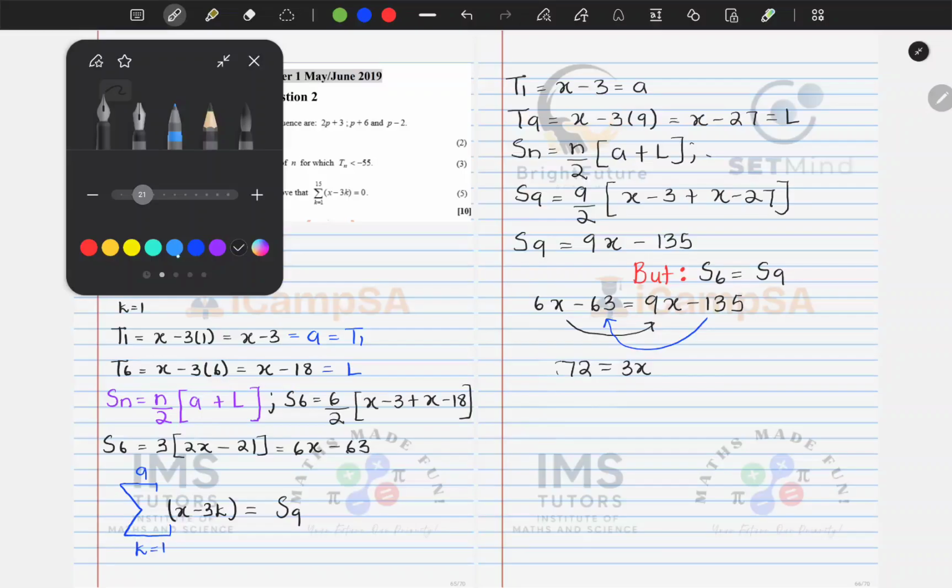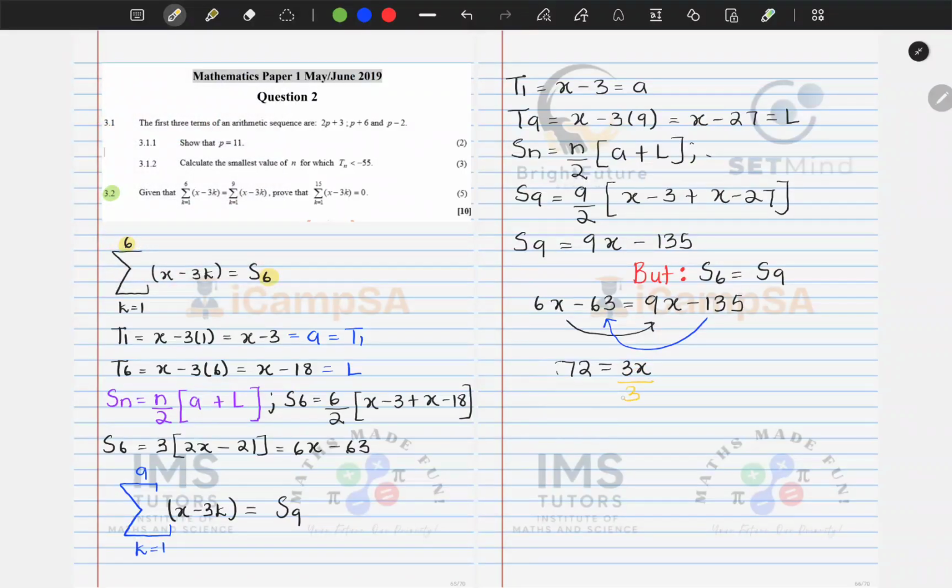Okay, but then we know that we are looking for x, so we can divide by 3, and what you will see is that the value of x which you obtain will be 24.